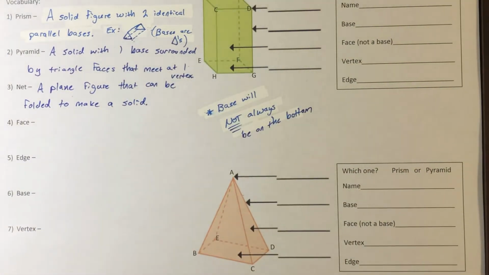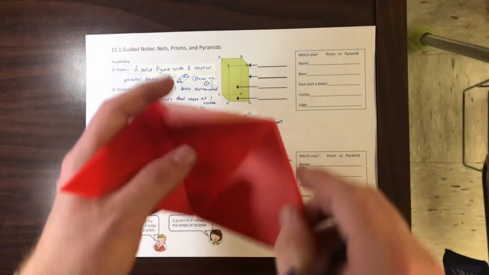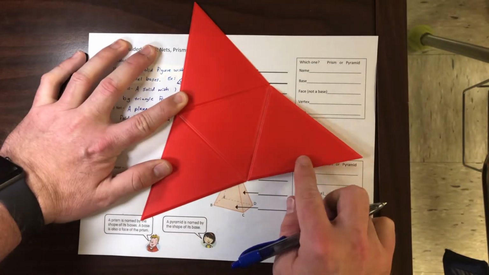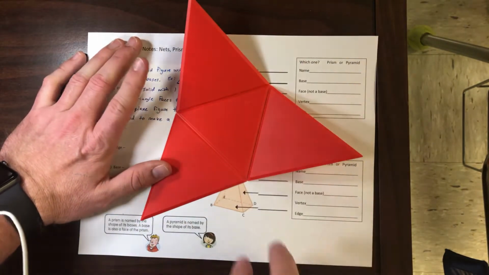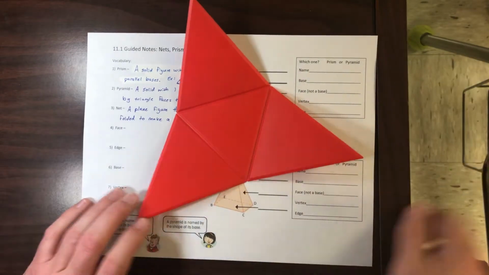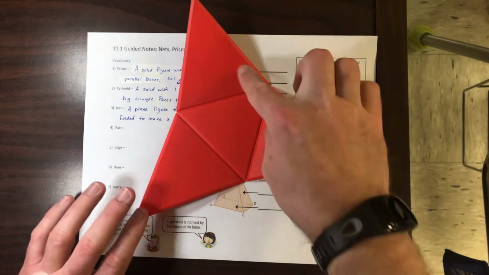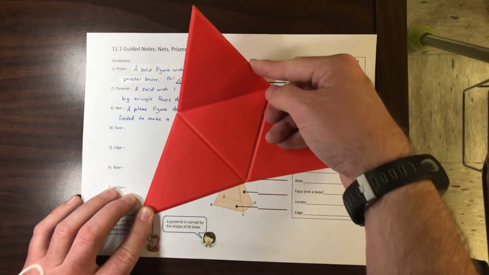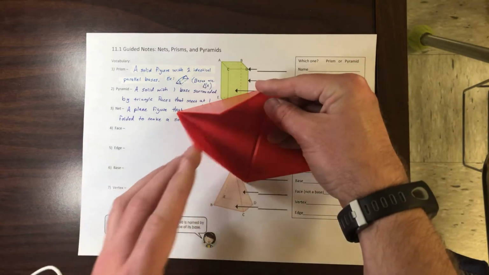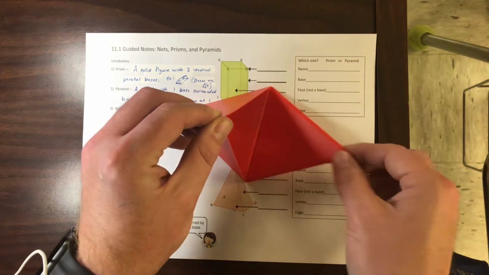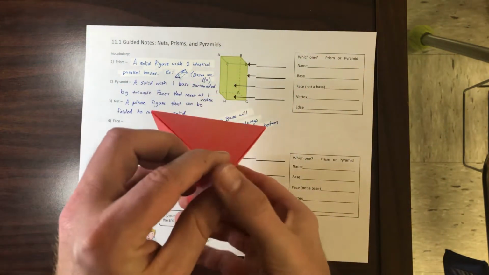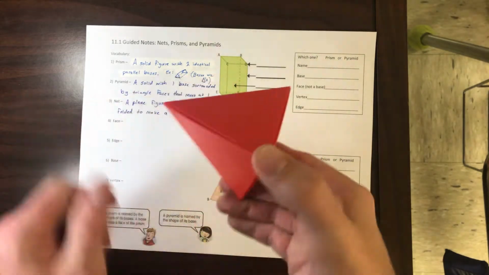So I'll pull out the last net I just had. This net is a plane figure. That just means a flat 2D shape, and it'll usually have dotted lines or creases, and it can be folded to make a 3D solid. This solid being a pyramid because it's got one base.